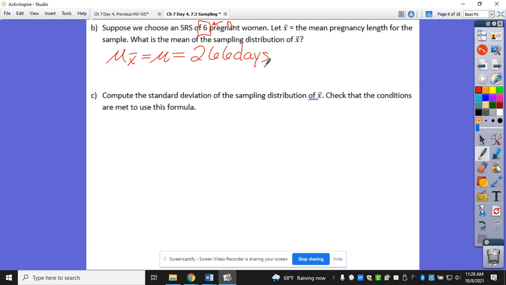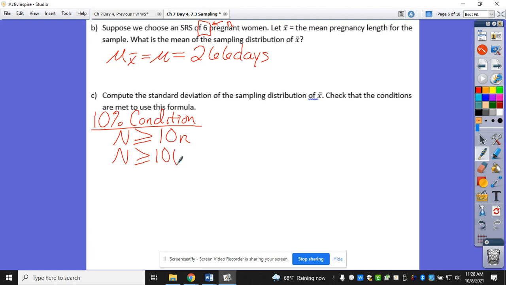It says compute the standard deviation of the sampling distribution of X bar. Check that conditions are met to use this formula. I don't care if you do the equation or the condition first. So we're checking the 10% condition. What is the 10% condition? What is my lowercase n?